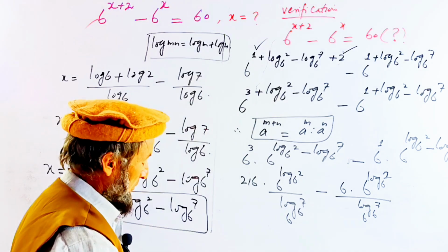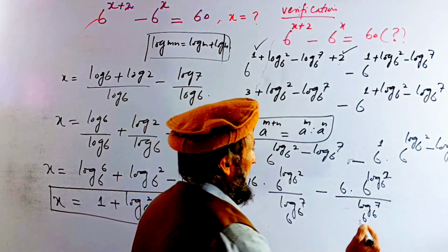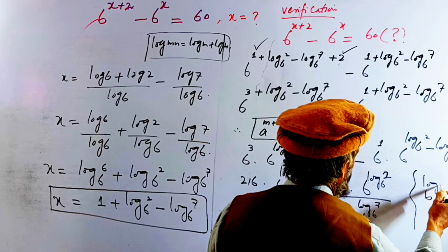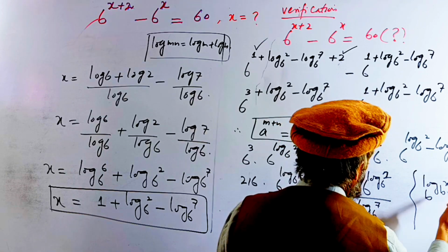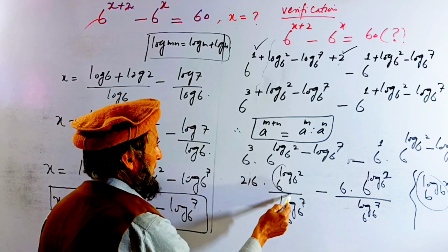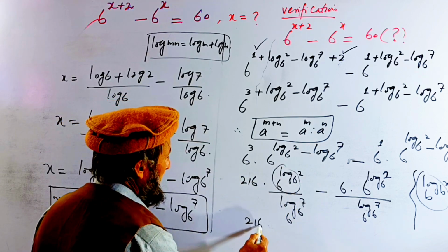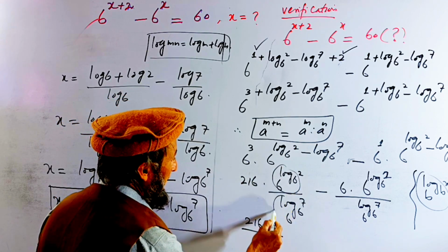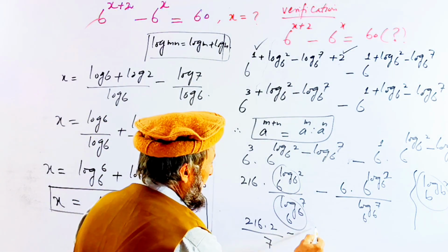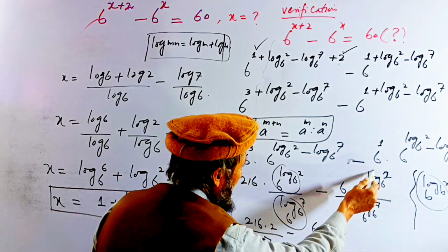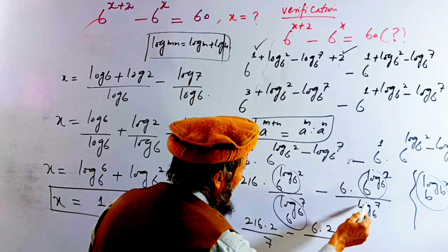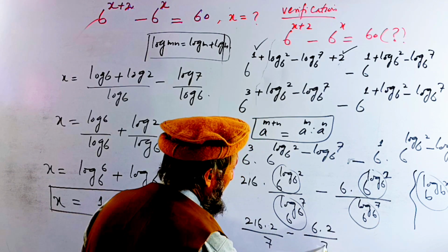So now, according to the base law, log base b of b^x is equal to x. So this will be equal to 1, and here the same result we get: 216 dot 2 divided by 7, minus 6, and here 2 divided by 7.